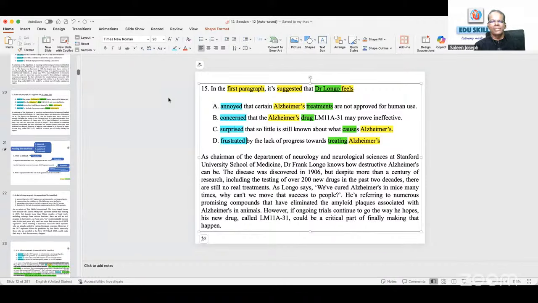Does he feel frustrated? His feeling, you have to understand from the text what is his feeling. Is he annoyed, concerned about something, surprised about something, frustrated? Someone, if you could just assist me in reading.